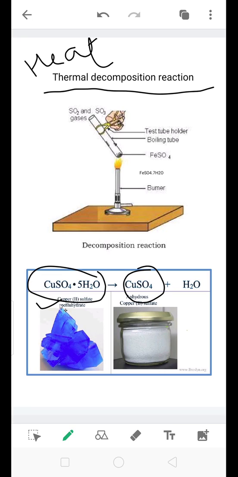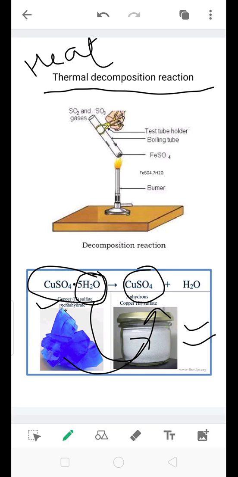So copper sulfate pentahydrated decomposes to a white compound in the presence of heat due to loss of water of crystallization. There are 5 water of crystallization present here. On heating, it changes into vapor, or it loses that water. That's why it is converted into CuSO4 anhydrous. So one example is here.